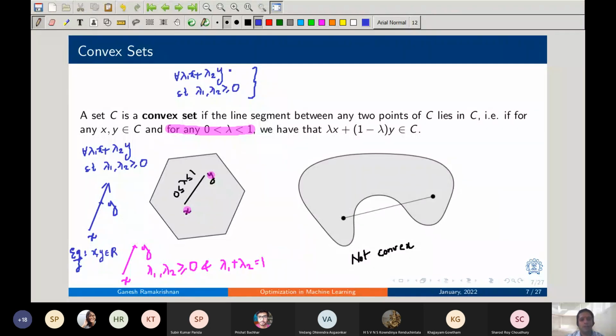So I'm saying if this is in the set C for all x and y in the set C such that lambda1 and lambda2 are greater than or equal to 0, such a C is called a convex cone and is a convex set.